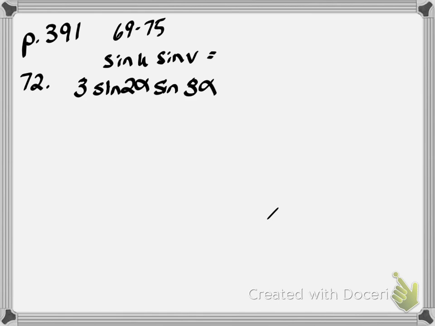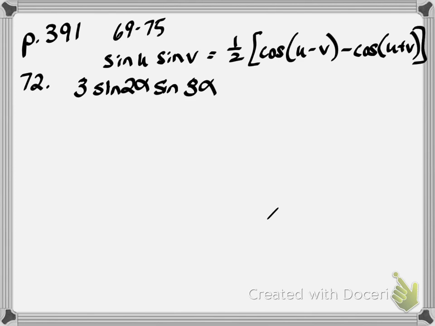And that says it's 1/2 bracket cosine parenthesis u minus v minus cosine parenthesis u plus v. All right, so we know what our u and our v are. So it's a 3 just because it's 3 times this product. So just write it down and don't worry about it, and then do your formula.